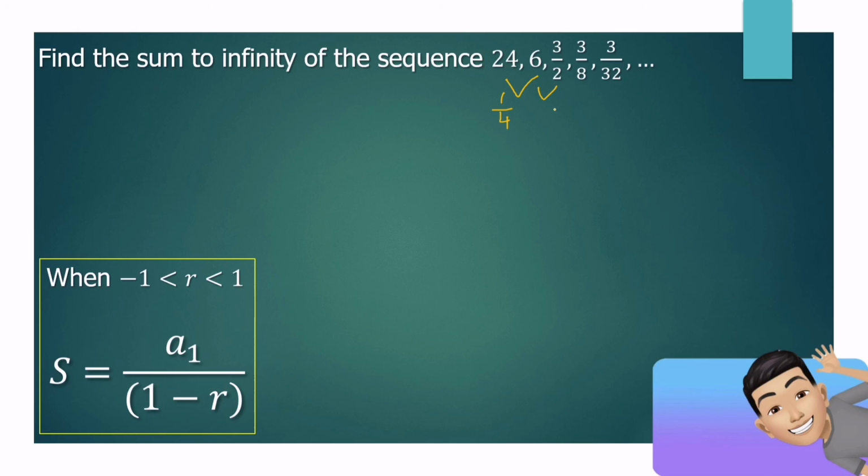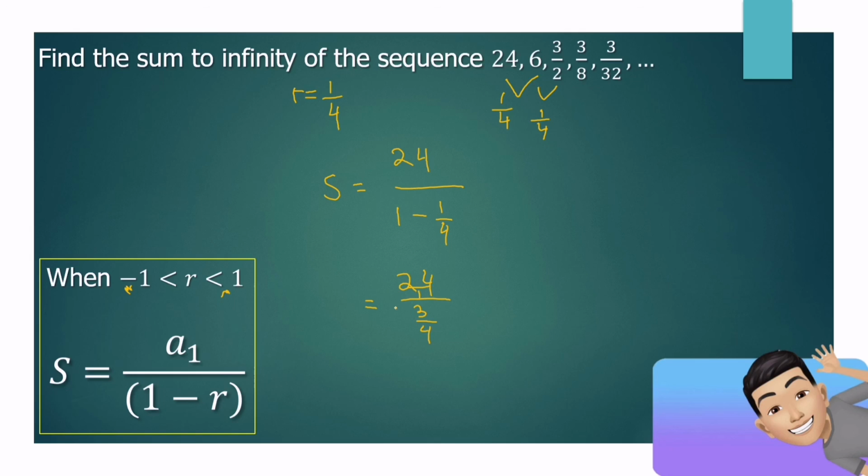Tama ba? This is another 1/4. So, common ratio ay 1/4, and that is in between negative 1 and 1. Kaya ang magiging sum ng infinity natin dyan, what is S sub 1? 24 over what is 1 minus 1/4. 3/4.